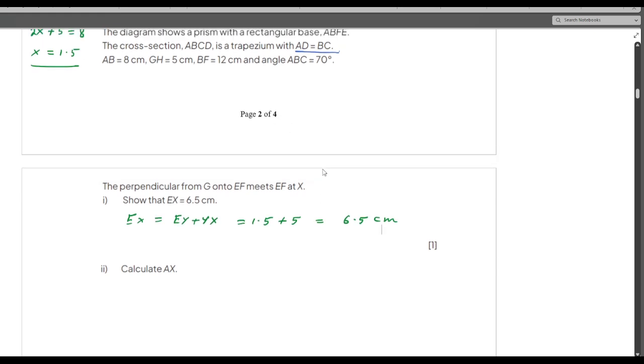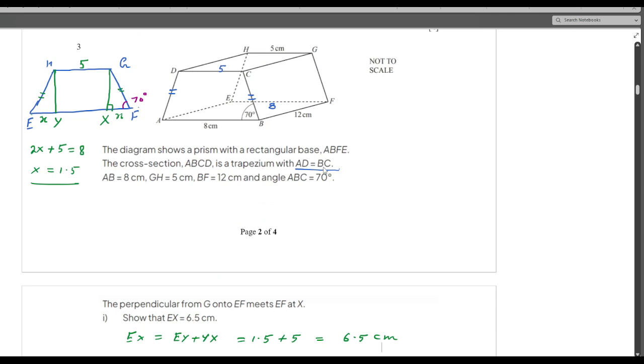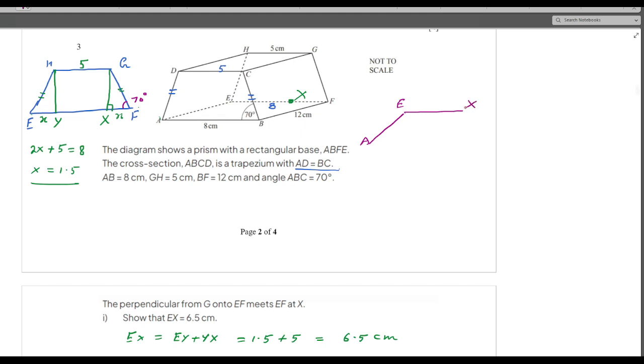Now next is calculate AX. Okay, for AX I will again redraw. Here is the point X. Now I have to work out AX. It is quite simple. If you see this A, E and this X, here the angle is 90 degrees because the base is a rectangle. So this angle AEX is 90 degrees. Now your length AE will be equal to 12.